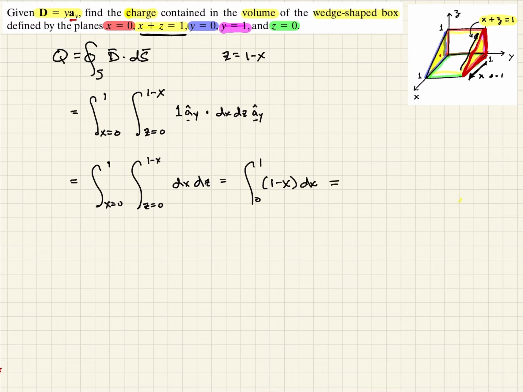And so when we integrate that, we're going to get 1/2. So again, just a calculus problem. 1/2, and that's going to be coulombs. So the total amount of charge that would be present inside this volume that would give us a current density defined as this is going to be 1/2 coulomb.